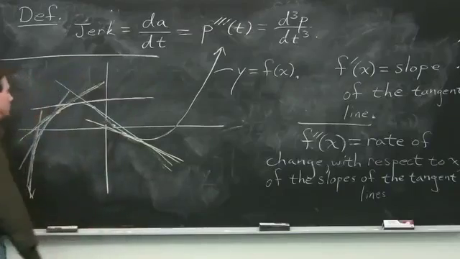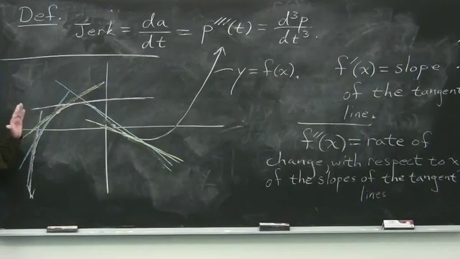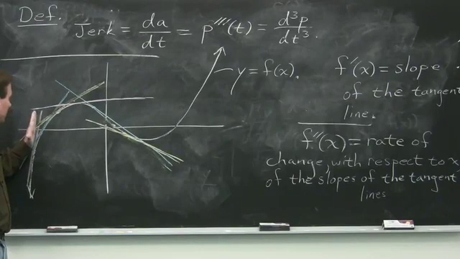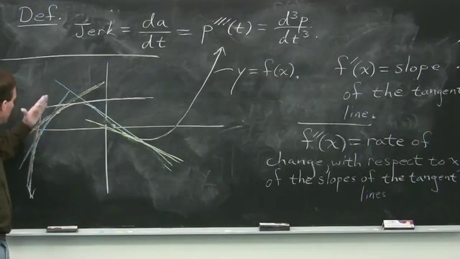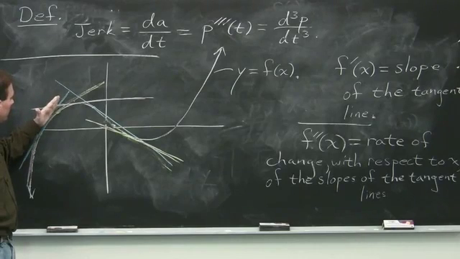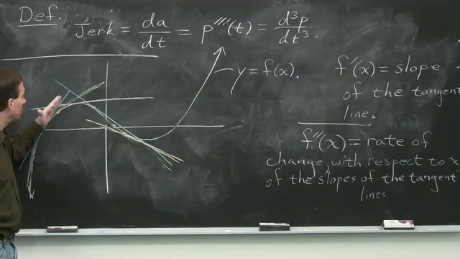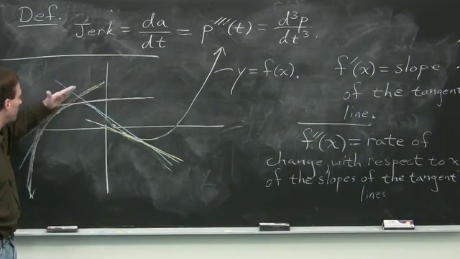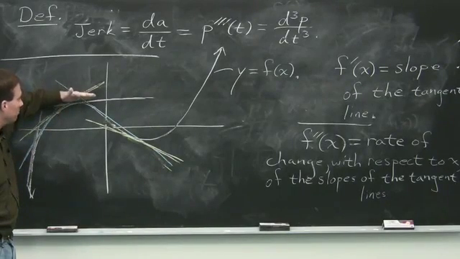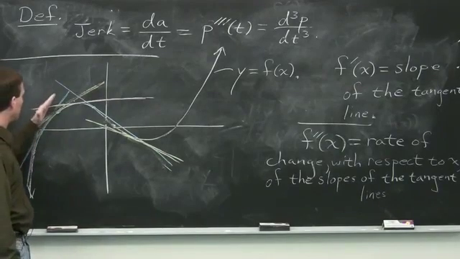All right, so what happens? Here's some tangent line. It has a large positive slope. Then you move a little bit, and this tangent line has less positive slope, and then less slope, and no slope, zero slope. So very positive, less positive.